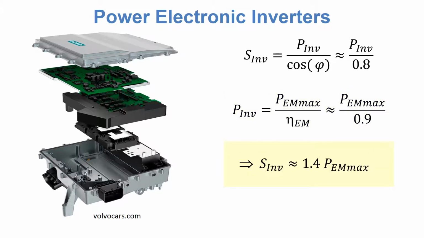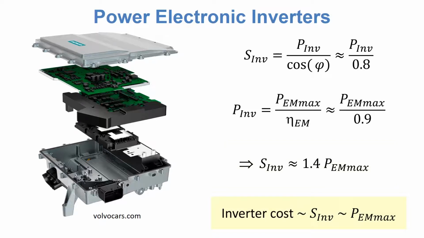Combining these two equations, we can see that the apparent power of the inverter is proportional to the mechanical power of the electric machine, if we assume the power factor and efficiency at peak power to be fairly constant. The cost of an inverter is roughly proportional to its apparent power, and therefore it will be roughly proportional to the maximum mechanical power of the electric drive.